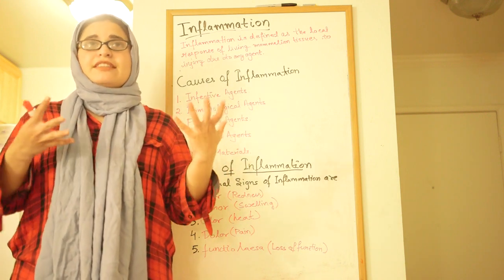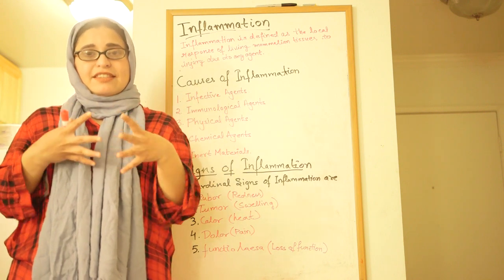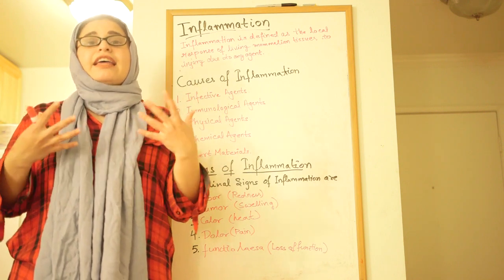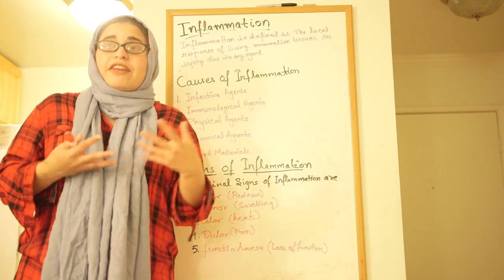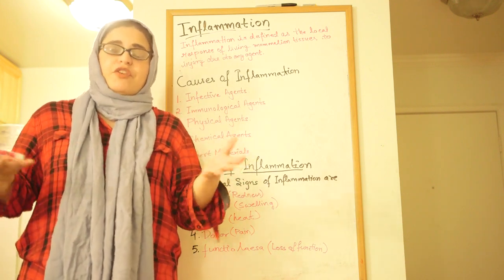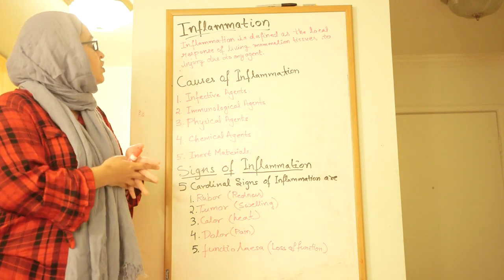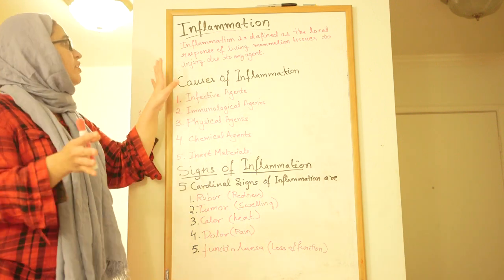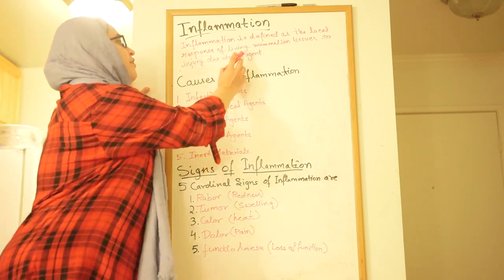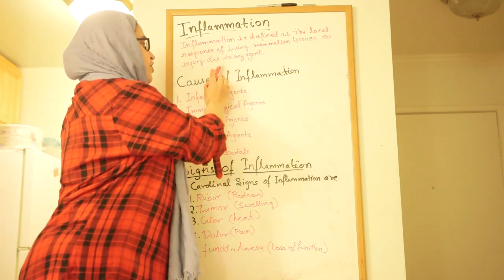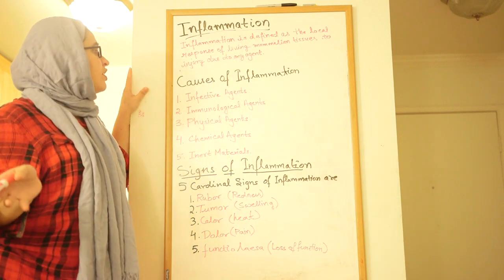What it does is it neutralizes the infectious agent and allows the healing process to begin in our body wherever there is an injury or infection. So this is what inflammation is. Inflammation is defined as the local response of living mammalian tissues to injury due to any agent.